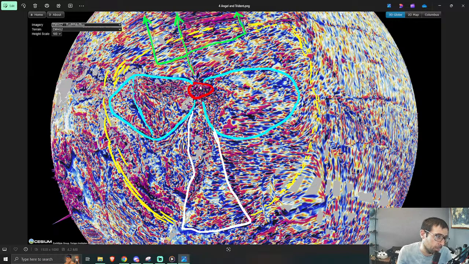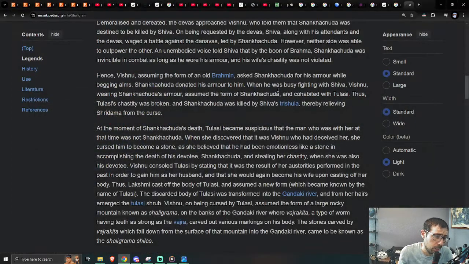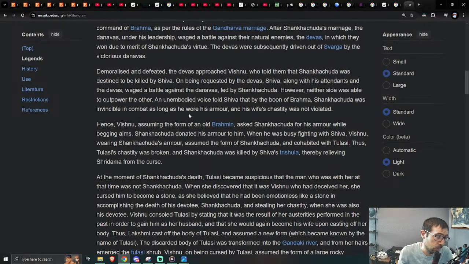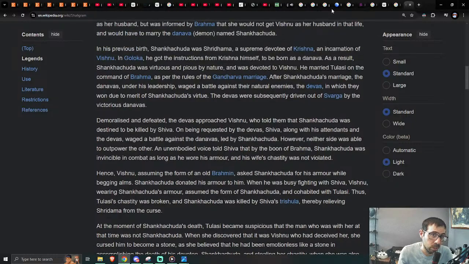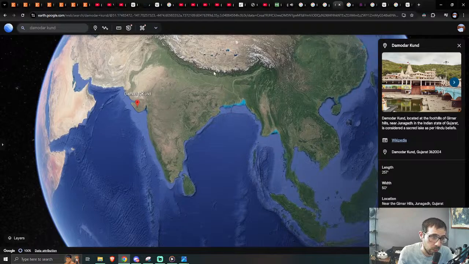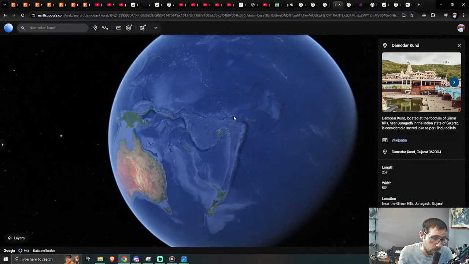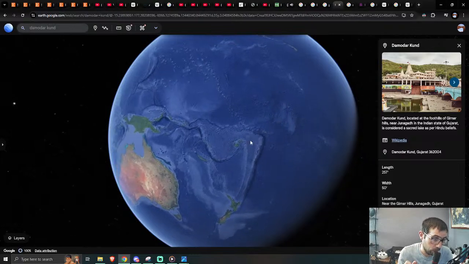I was thinking maybe there's some kind of energetic coupling of Hawaii to some other region, that water, say, was going from over in this area to basically go over here. But Vishnu deceived Tulasi.